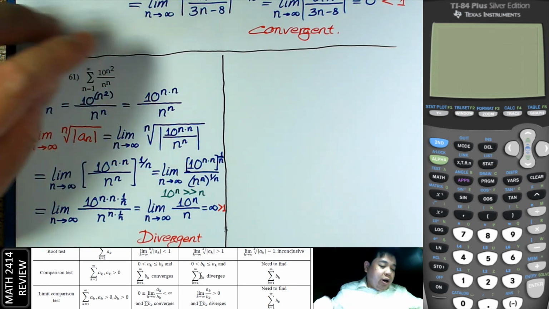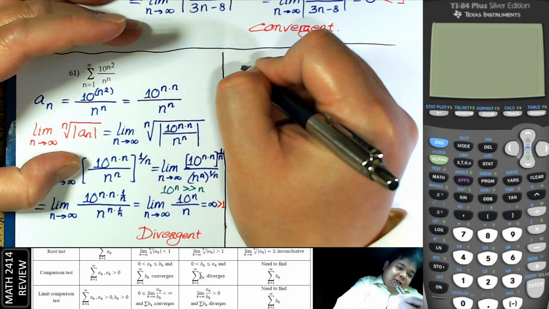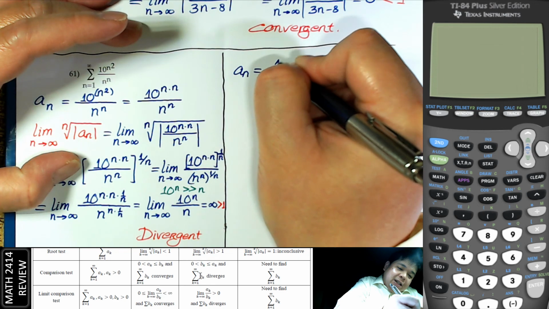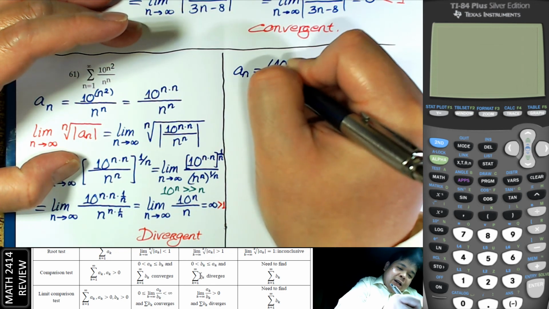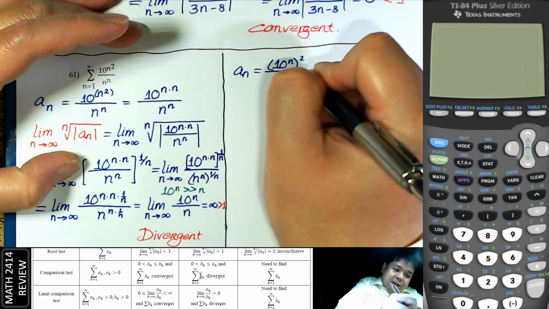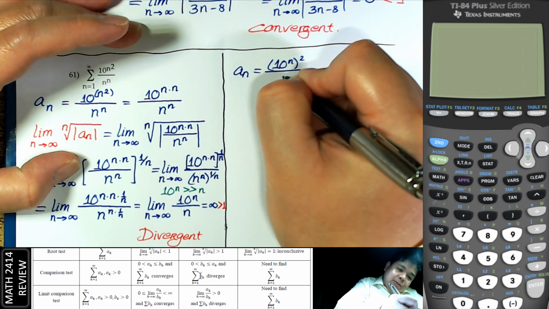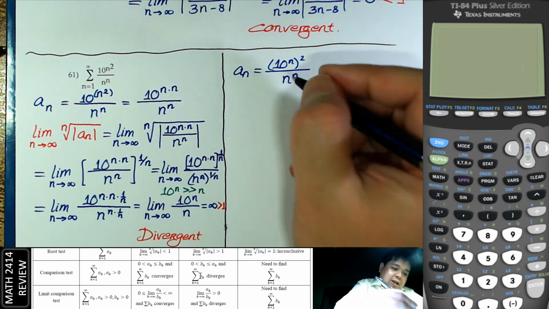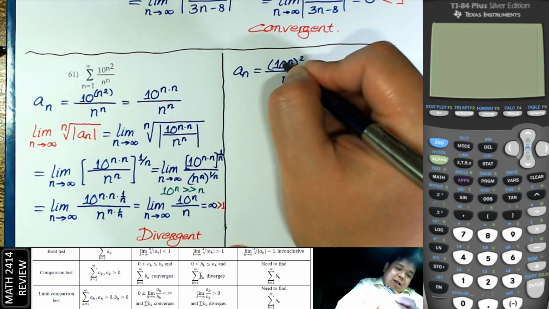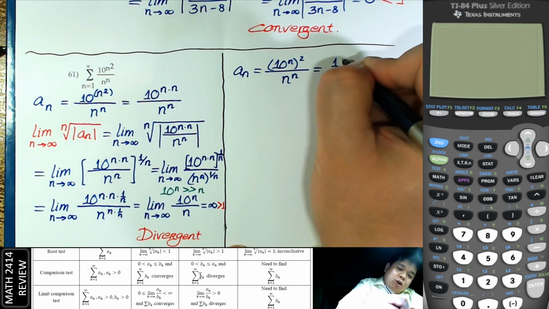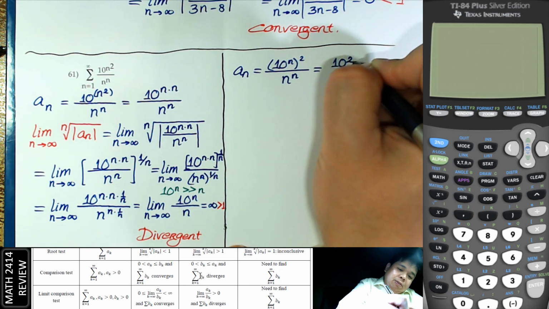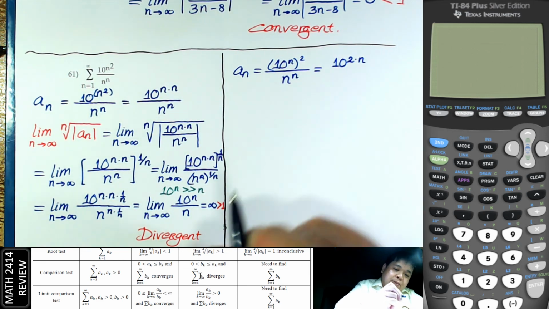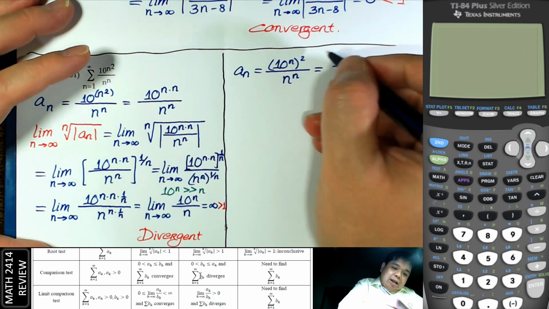Right, now on to the other case. Now, if a sub n is 10 to the n and then square. Right? Because that means power to another power, so we'll multiply them. It's 10 to the 2n.